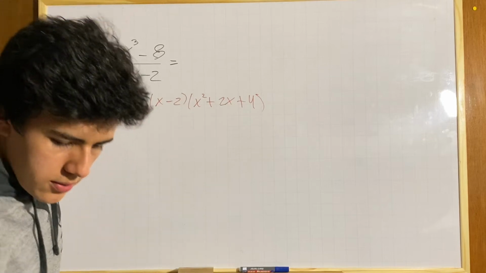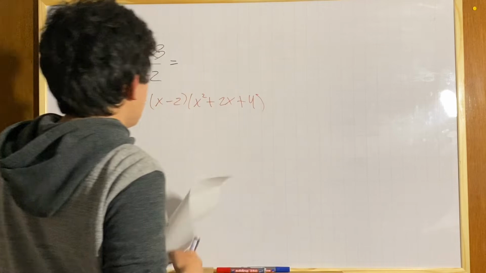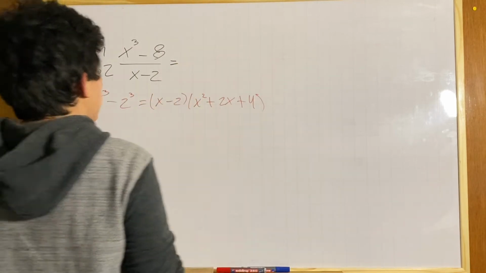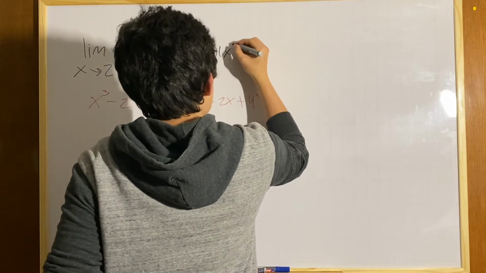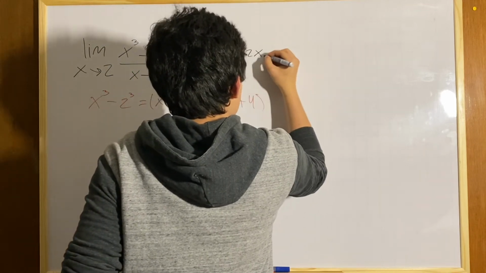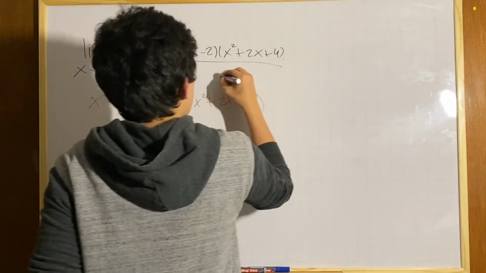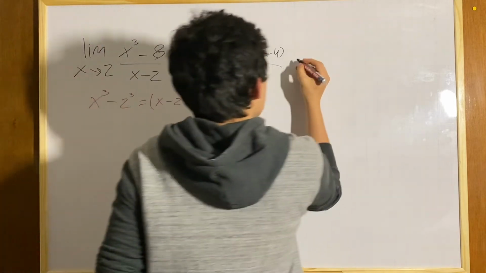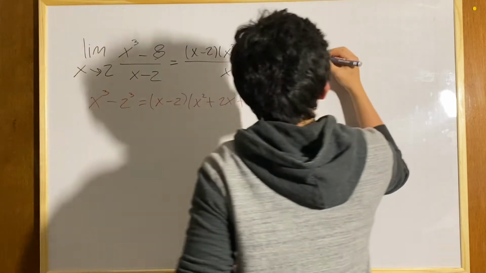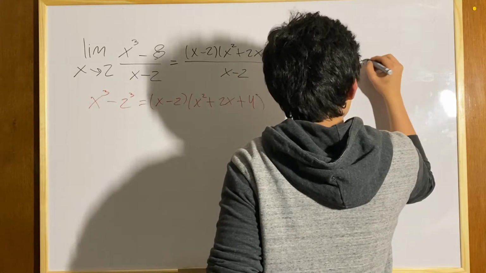So now we just plug in this on top, so we would get x minus 2 times x squared plus 2x plus 4 over x minus 2. Pretty amazing, these two cancel out, of course, and now we're going to have x squared plus 2x plus 4.